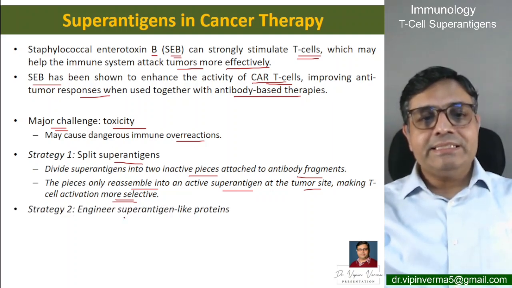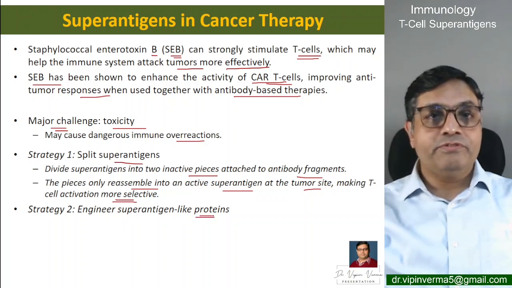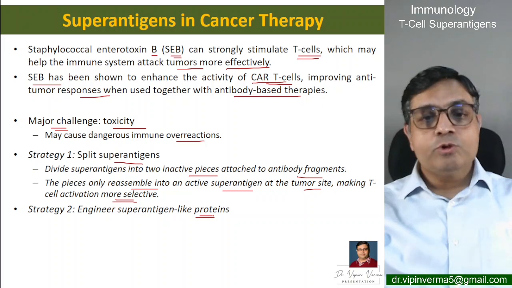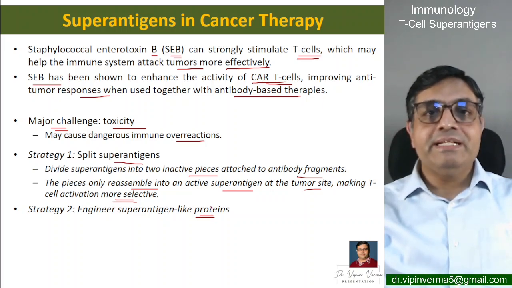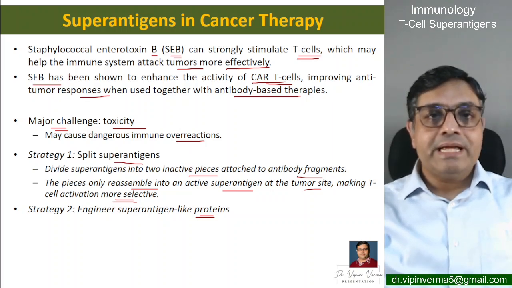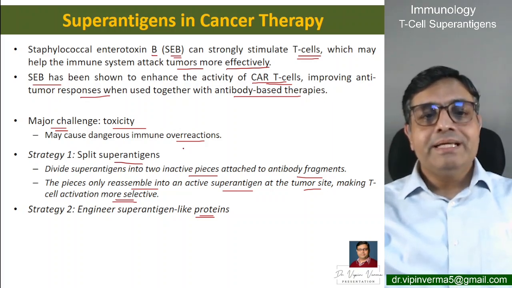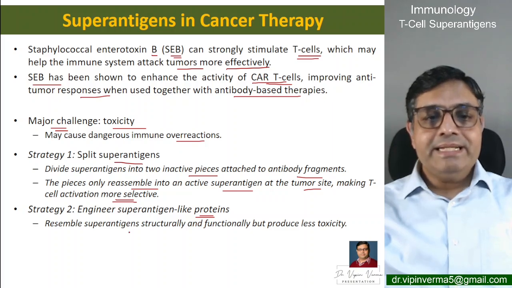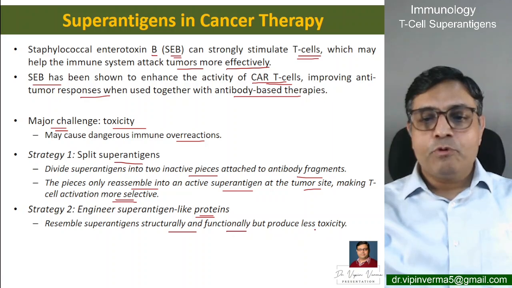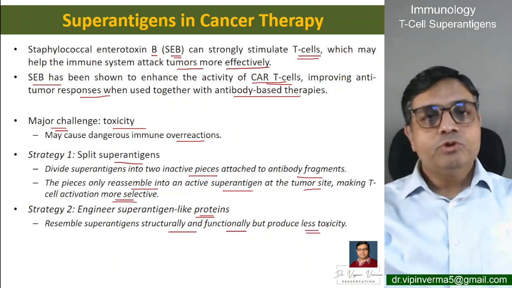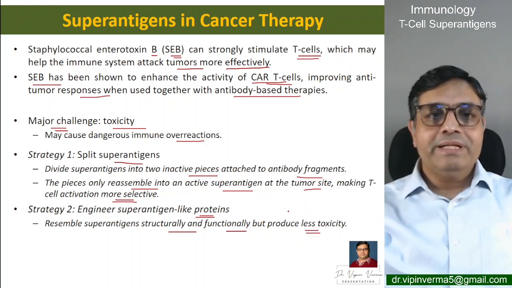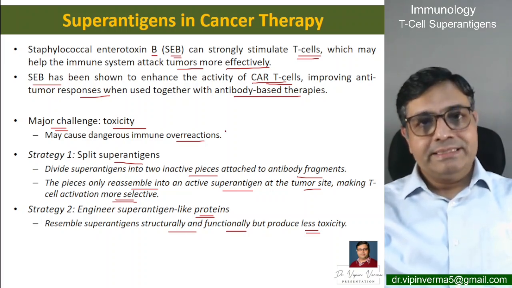The second strategy is to engineer superantigen-like proteins, because we know the structure. So we can create certain proteins and delete those domains which can cause overreactions, and utilize them for cancer therapy. They resemble the originals structurally and functionally, but produce less toxicity. So that is one of the ways to get such proteins and utilize them for cancer therapy.